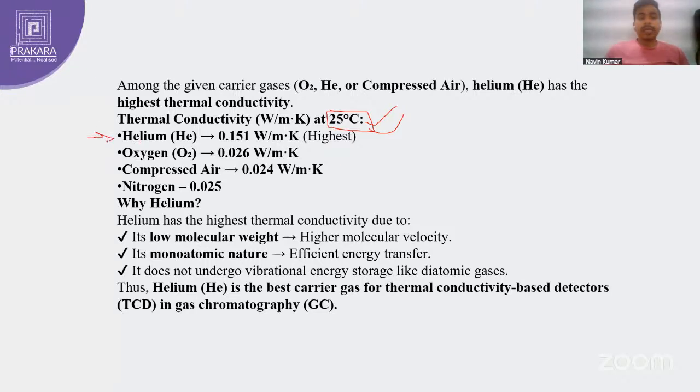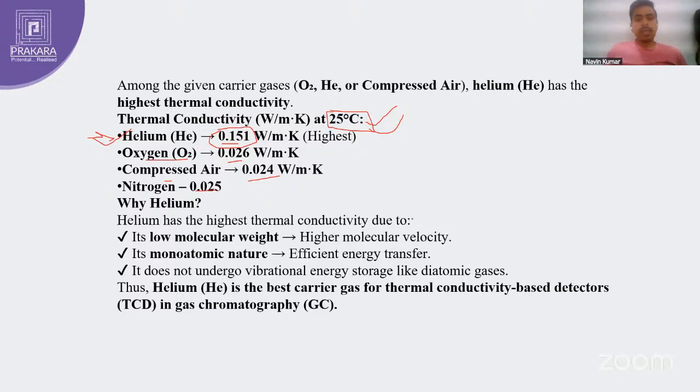Helium has a thermal conductivity of 0.151. Oxygen is 0.026. Compressed air has 0.024. And nitrogen has 0.025. So with the help of this data, you will be able to identify that helium has the highest thermal conductivity.